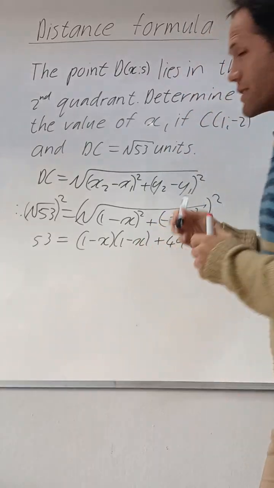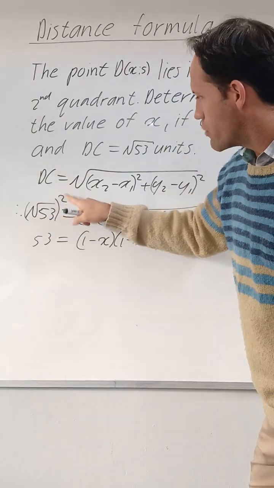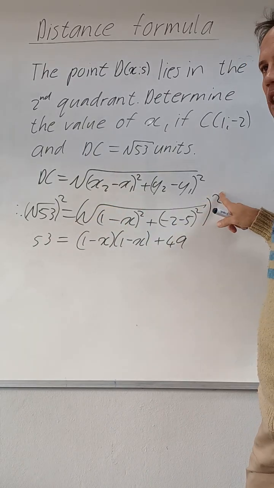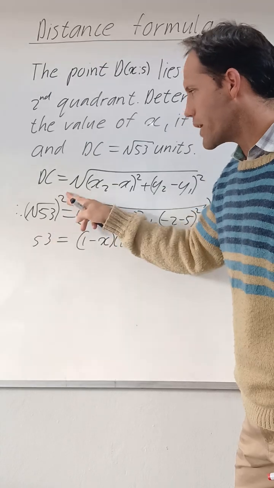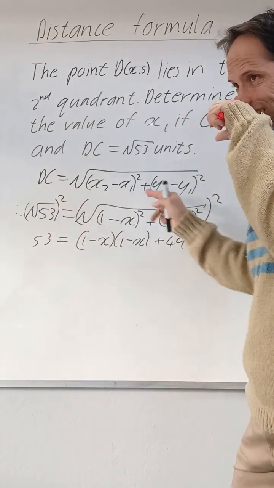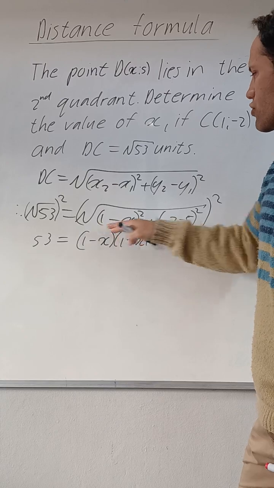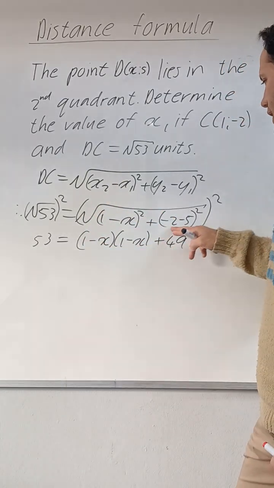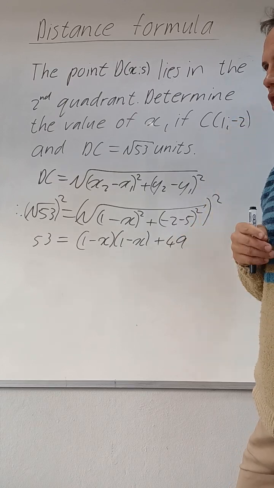So it looks like a lot happened now, but think about it carefully. The square root and the square cancel out. So you're allowed to do that. If you have a square root, you can just square it, but then you must do it on both sides. Now, what do we do here? We just took the (1 minus x) squared and we expanded it. And the negative 2 minus 5 is negative 7. Squared is 49. Everybody happy up to there?